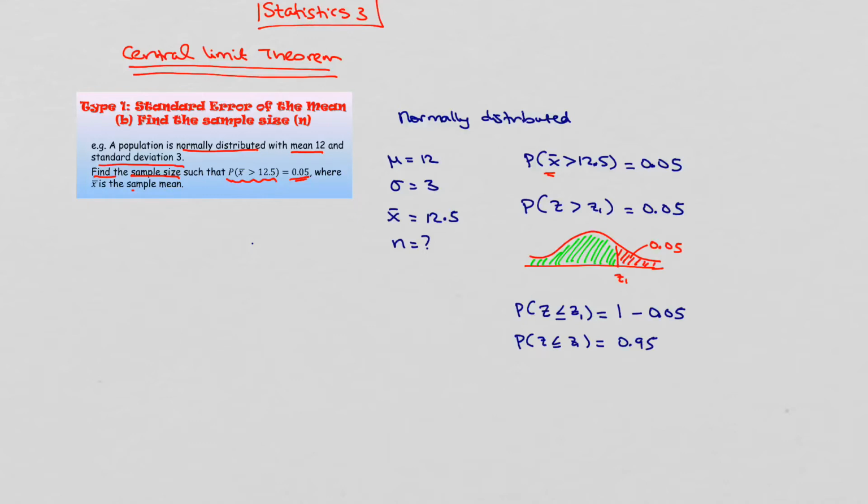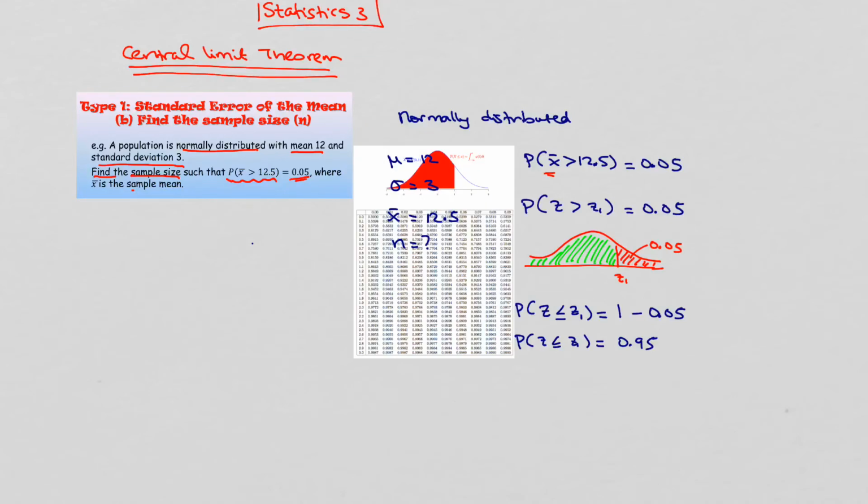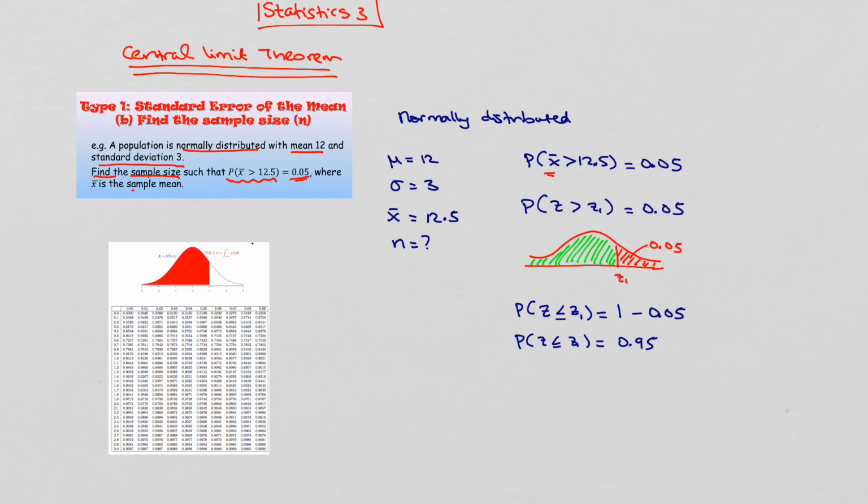So now what I can do is actually go to my tables. Well, let's just add in my tables there. So my tables, again, I go to page 36, 37 of my maths tables. So this image here is showing all of them in one, whereas in your maths tables it's spread out over 2 pages. So I have to look for 0.95.